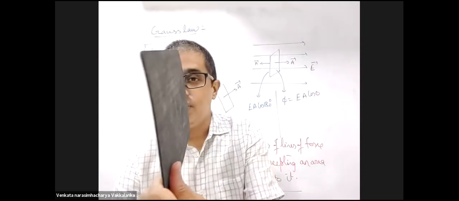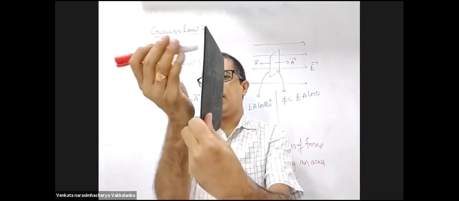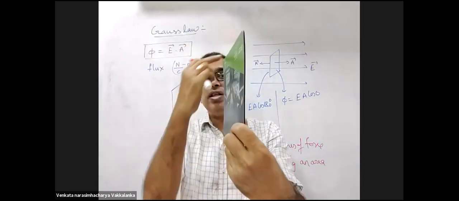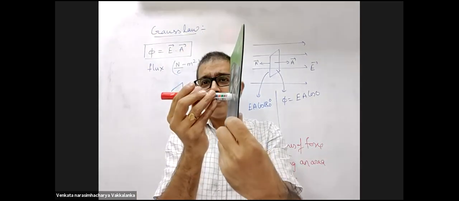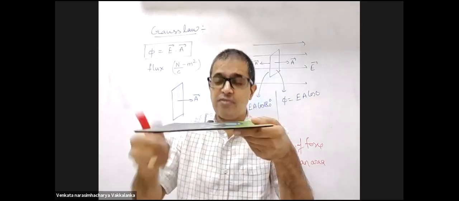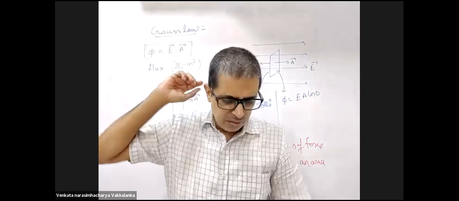Same thing, I will keep this way. Electric lines of force are intercepting. What will be the flux through this? E into A into cos 0. Slowly when I turn this particular surface, it is EA cos 180, right?